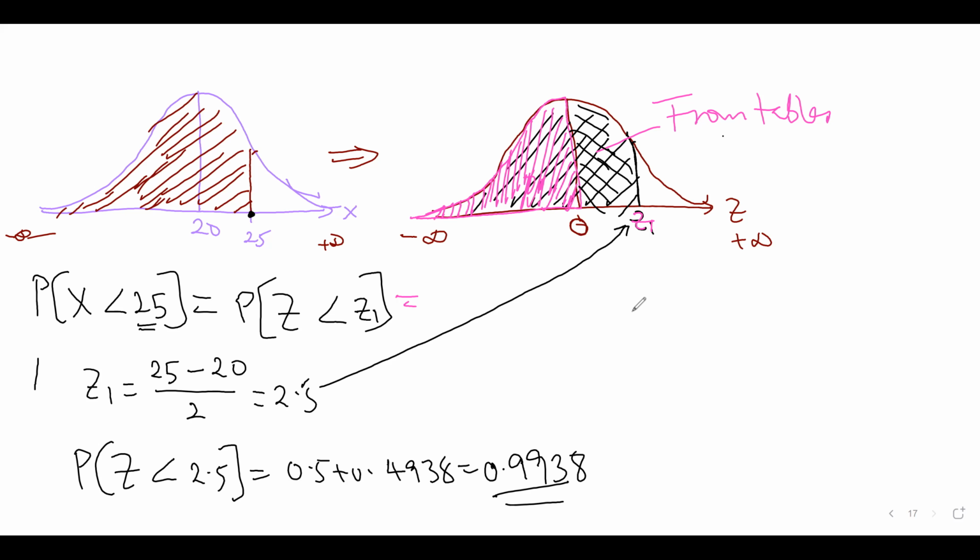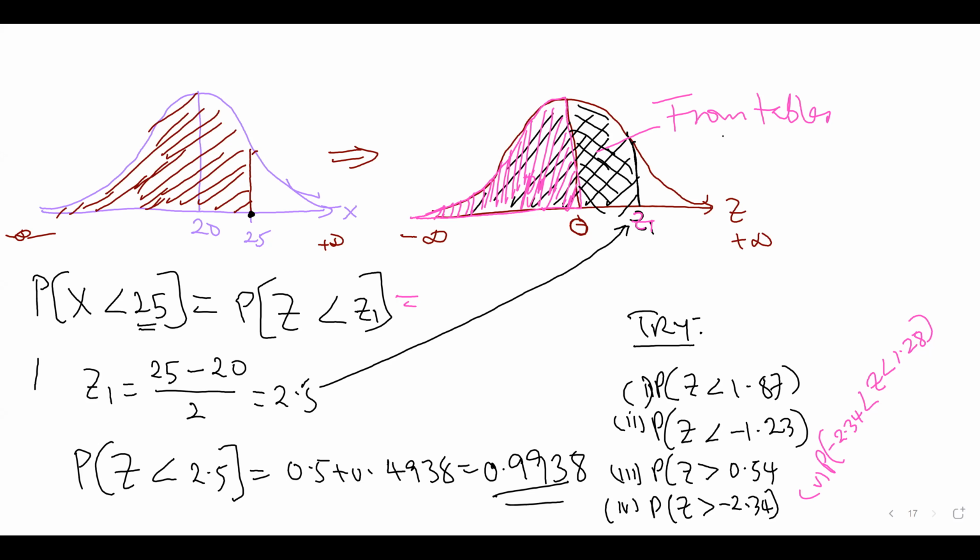I want you to try some examples here. You find the following probabilities, and then I think we can stop there. Then I can answer any questions that will be coming from you. So now that we have seen how Z is calculated, and the process of obtaining Z is not very difficult, I want to spend time trying this.